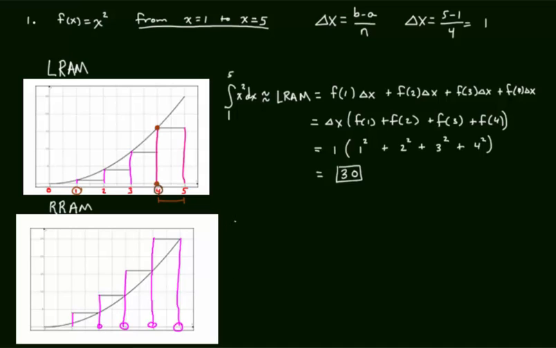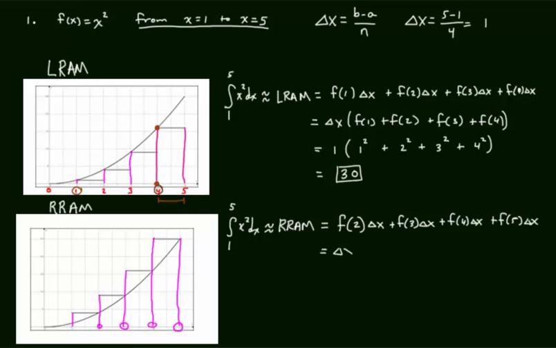So we'll come over here and say the integral from 1 to 5 of x squared dx is approximately RRAM, right rectangle approximation method, which equals f of 2 times the change in x, plus f of 3 times the change in x, plus f of 4 times change in x, and then the last term is f of 5 times change in x.